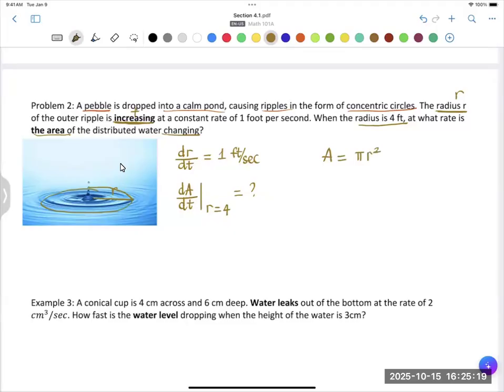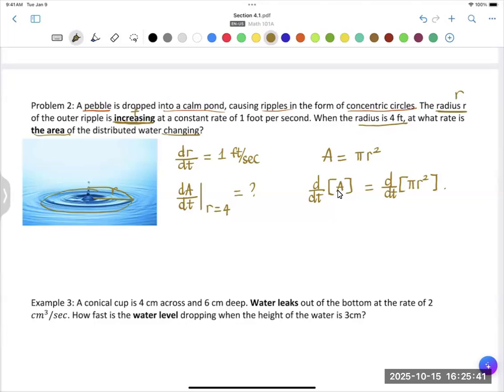Okay, and then we take the rate of change of the area, which is d over dt of the area, and d over dt of pi r squared. The rate of change of the area with respect to time, we're going to have a chain rule.